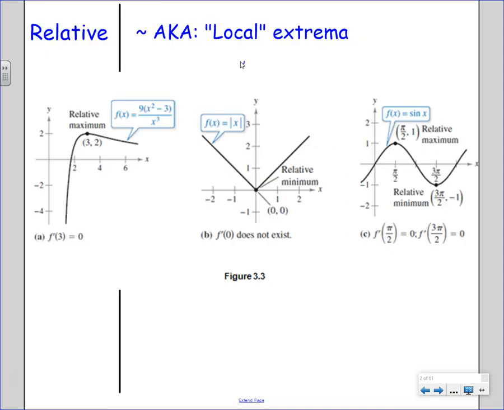We're thinking about relative. You can see a relative max and a relative min from an original function. That's obvious. You look at it and say, hey, it's higher there, lower there. But how would you see it on the derivative graph? Question: where's the derivative at 3?